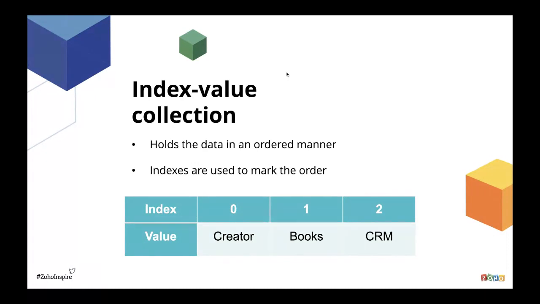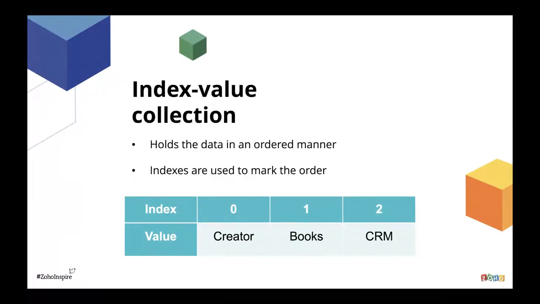The first element of an index value collection is always 0. The last element is always n-1 for a collection of size n. Here's an example of a collection with the different indexes: 0, 1, and 2, and the different values are creator, books, and CRM.